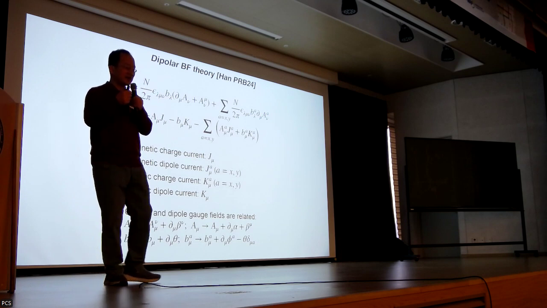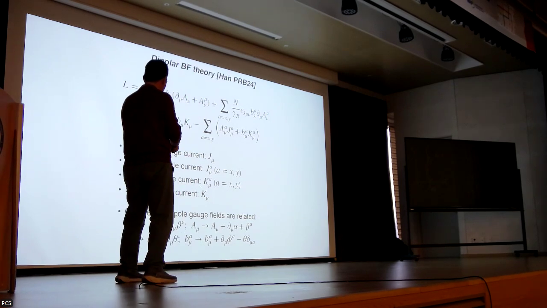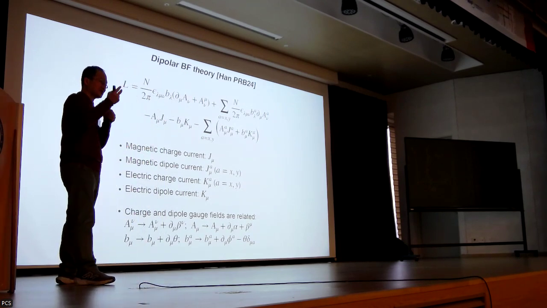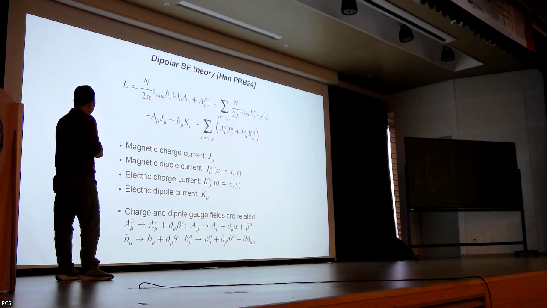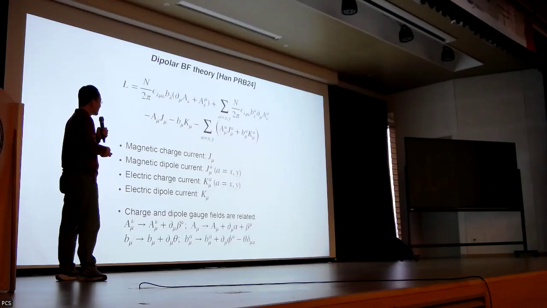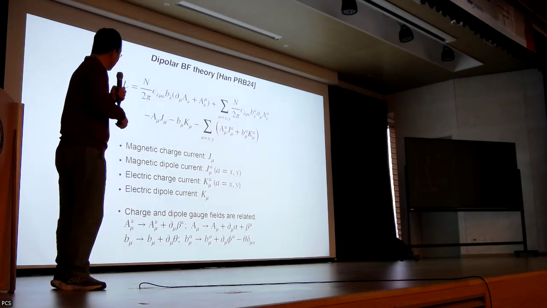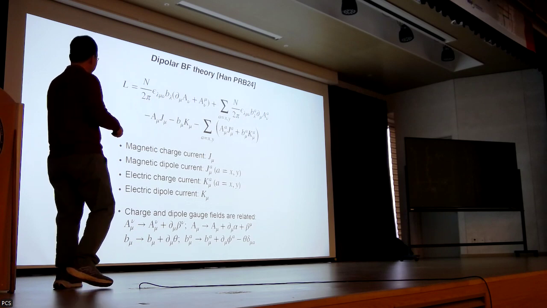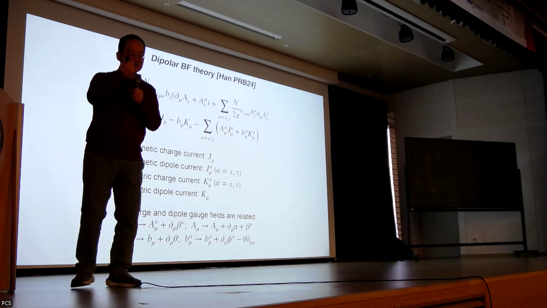Not only do you have the magnetic anyon charge current and the electric charge current, and there are two kinds of electric charge currents because there are two kinds of electric anyons. But also, there is a necessity to introduce magnetic dipole current. And also, there's a necessity to introduce electric dipole current. So there are many species of currents that you need to introduce and couple to the gauge fields.